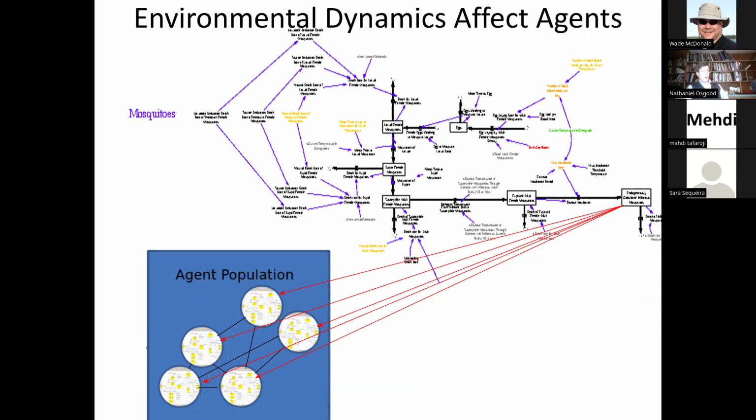Here, we're characterizing mosquitoes in stock and flow models. And those stock and flow models depict mosquito numbers. And we have an agent population of people. And those people have risk imposed on them by the mosquito population that can affect their health status. So their health status is characterized by state charts. Incredibly important for things like West Nile virus is their level of comorbid conditions, their age, and general immunocompetence, et cetera. And we can capture that very richly for an agent population.